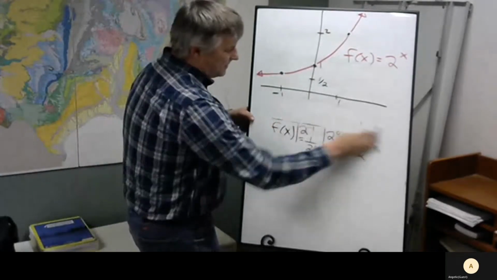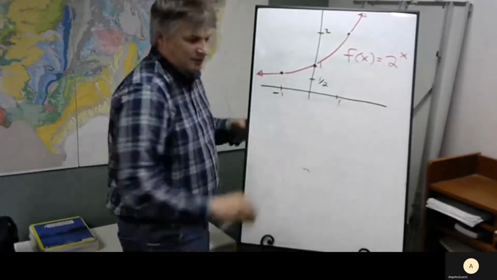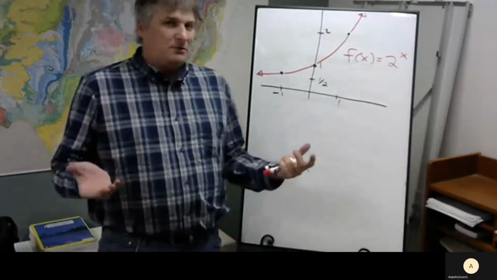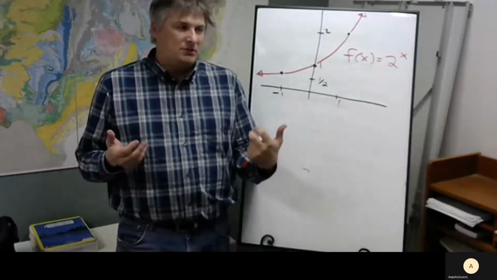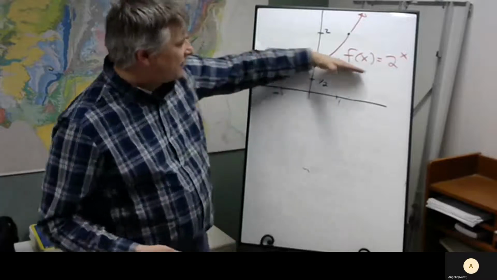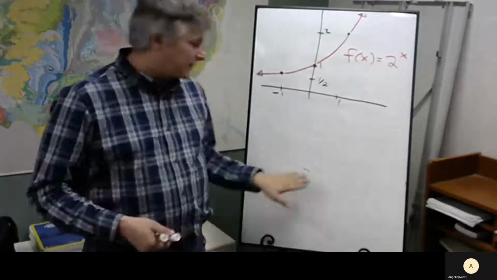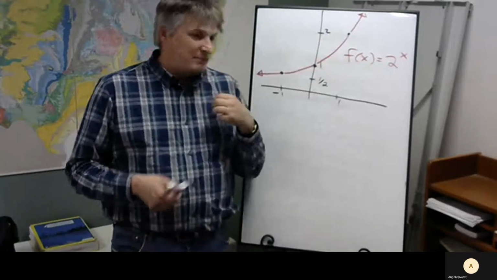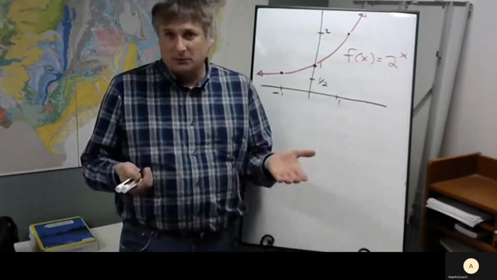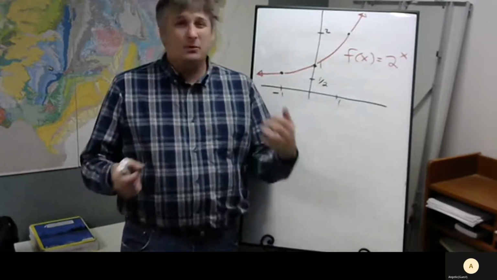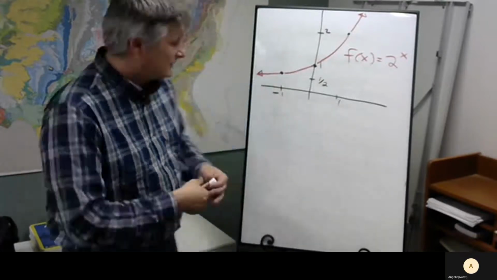Now, I mentioned that f of x, if it's equal to 1 to the x, well, 1 to any exponent is just going to be 1. So it's just sort of a constant line going across there. But now, we looked at when b is equal to 2, so something bigger than 1. But let's look at between 0 and 1.